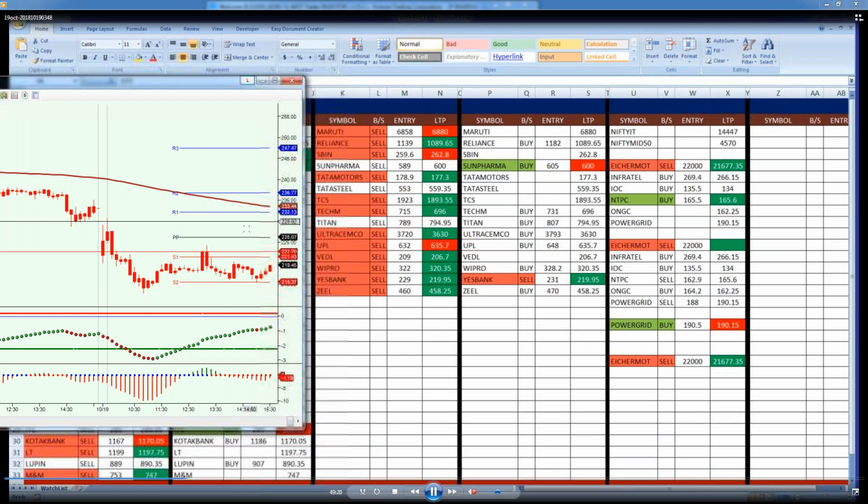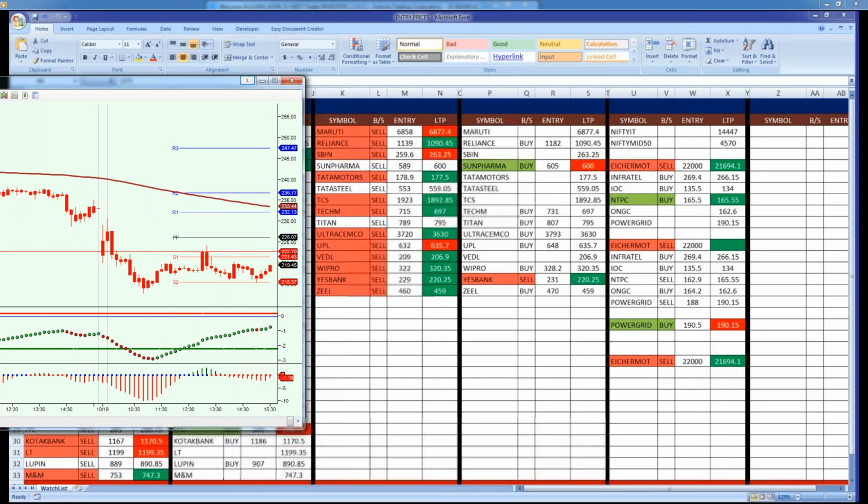So it triggered at the next candle, the second candle, and it gave you around 10 rupees profit on a single lot.